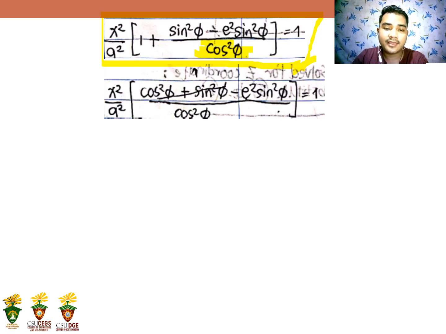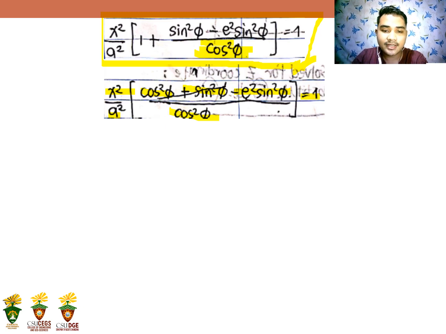So mathematically manipulated, we can have this equation, which is x squared over a squared times cosine squared geodetic latitude plus sine squared geodetic latitude minus e squared sine squared geodetic latitude all over cosine squared geodetic latitude, which is ang iyang common nga value. Again, this is all equal to 1.